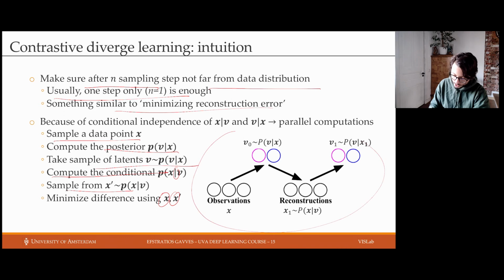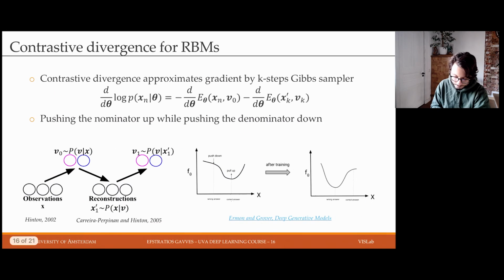Graphically, this is shown in this picture here. So given our observations X, we first sample our latents, then we sample again reconstructions, and then we sample again latents. Usually a single step here is enough. And for RBM specifically, the contrastive divergence approximates the gradients by k steps of Gibbs sampling.